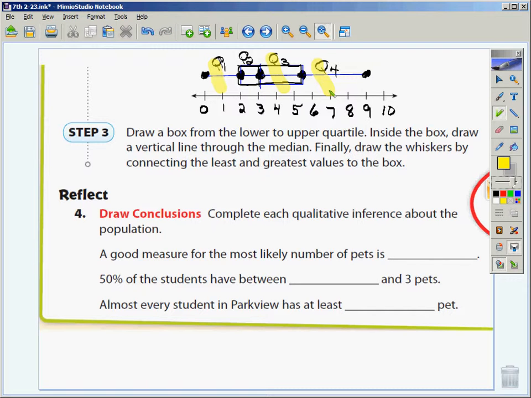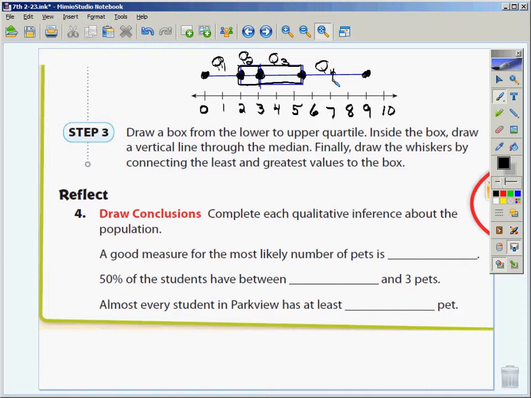How much of my data is in Q2? 25%. How much of my data is in Q3? 25%. How much of my data is in Q4? 25%.